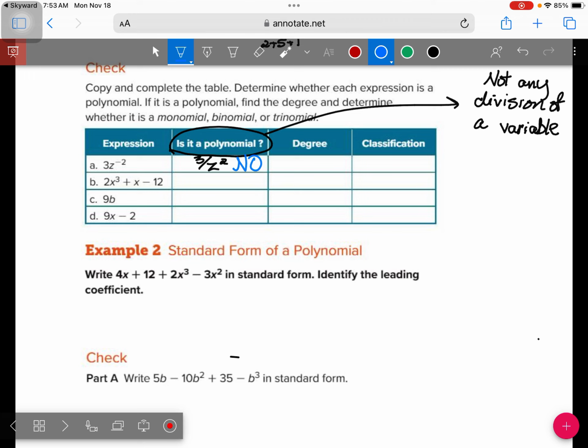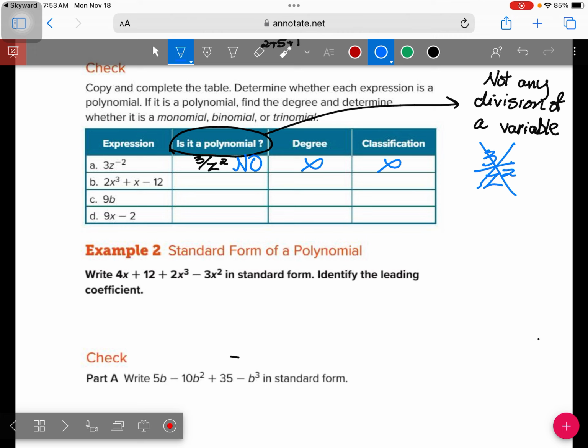So we don't even need to worry about the degree or the classification because it's not a polynomial. You cannot divide by a variable. So you can't have 3 divided by z squared. Okay? What about the next one?